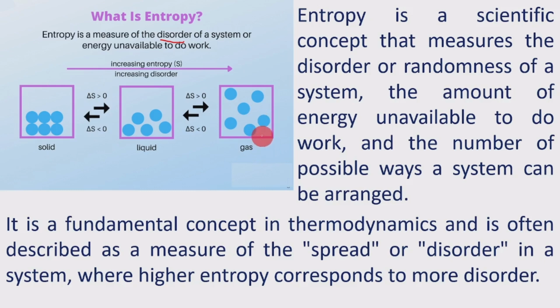That's why the entropy of a gaseous fluid will be more. In this direction the entropy goes on increasing, along with the disorderness, and in this direction it will be decreasing.